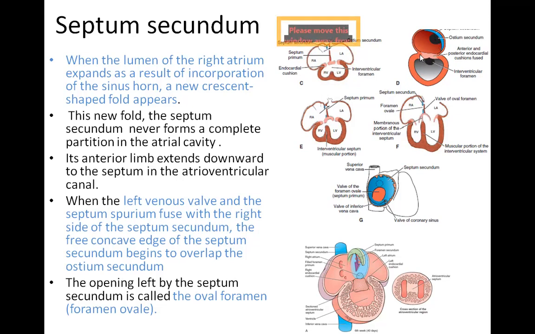Then came the origin of a crescentic septum secundum because of the fusion of the right horn of the sinus venosus into the right atrium. Since it is a crescentic fold, beneath it is also a foramen. This one is the foramen ovale. The opening left by the septum secundum is now known as the foramen ovale, and the ostium secundum was in the septum primum.